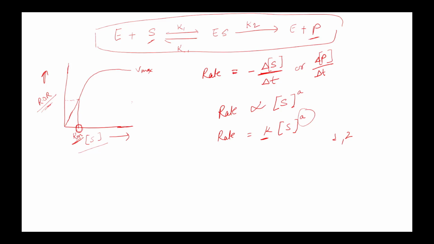So the overall order of the reaction is the sum of all the exponents. For example, if the reaction is simply substrate to product, then rate is K times concentration to the power 1, so overall it is a first order reaction.